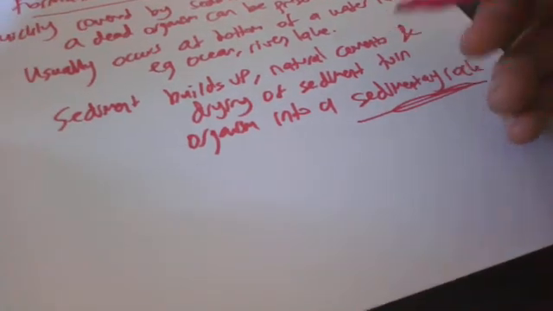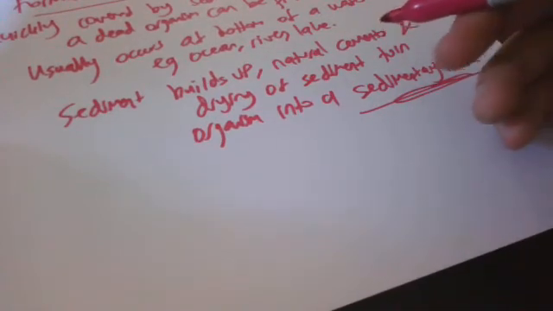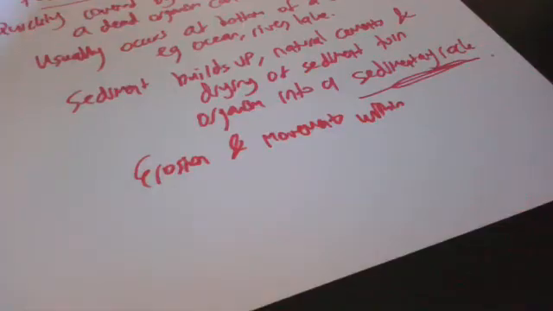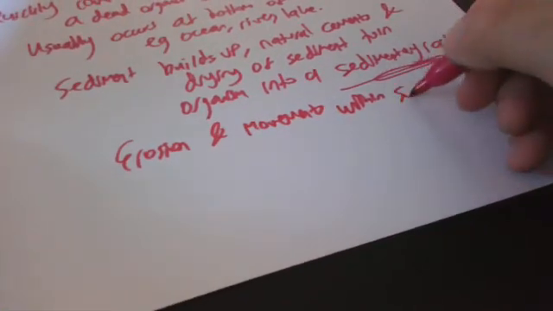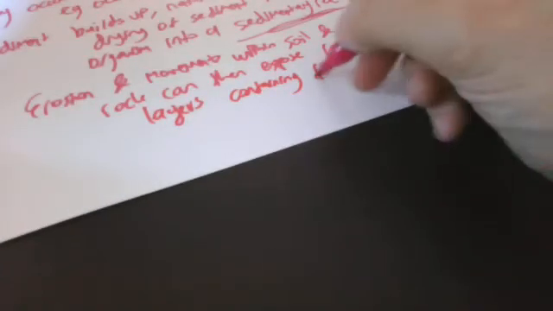Now, how does the organism get exposed, and how do people discover them? Well, okay, things like erosion and movements within the soil and rock can then expose rock layers containing fossils, or could bring them to the surface.